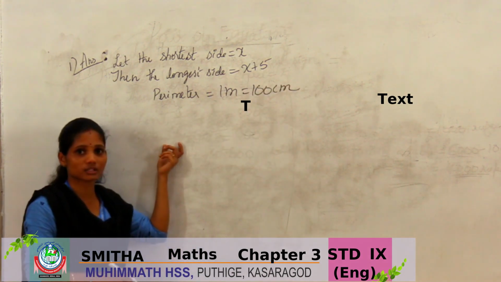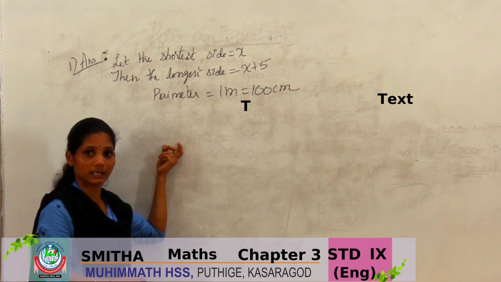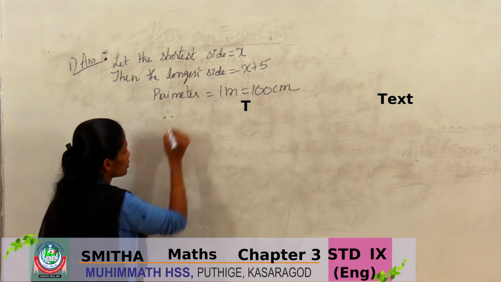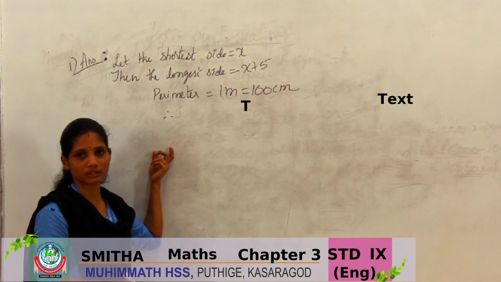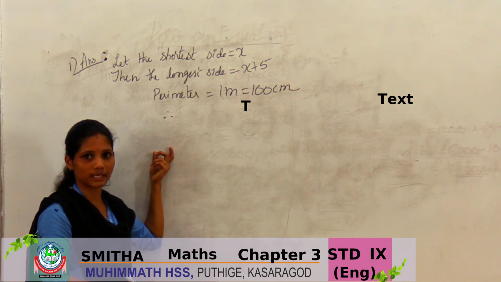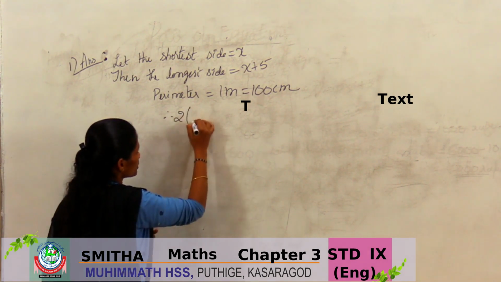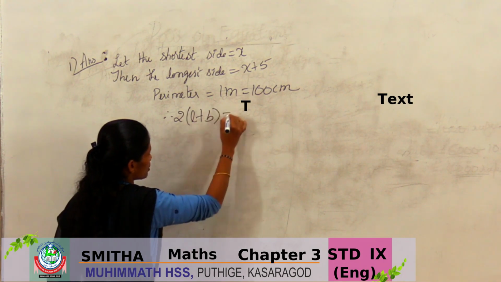One meter is equal to 100 centimeters. So we know the formula to find the perimeter. It is 2 into L plus B. So 2 into L plus B is equal to 100.